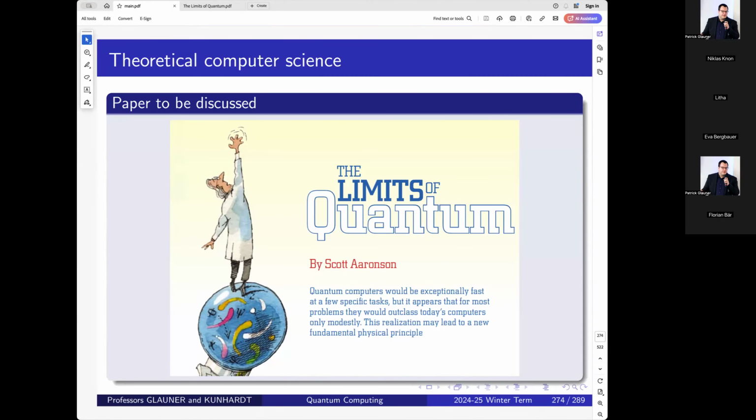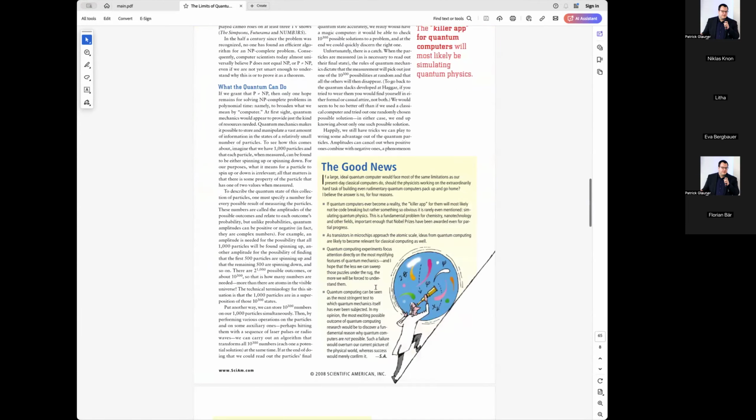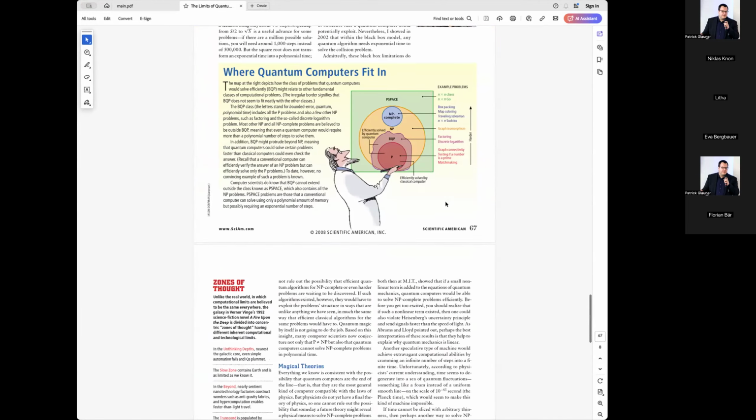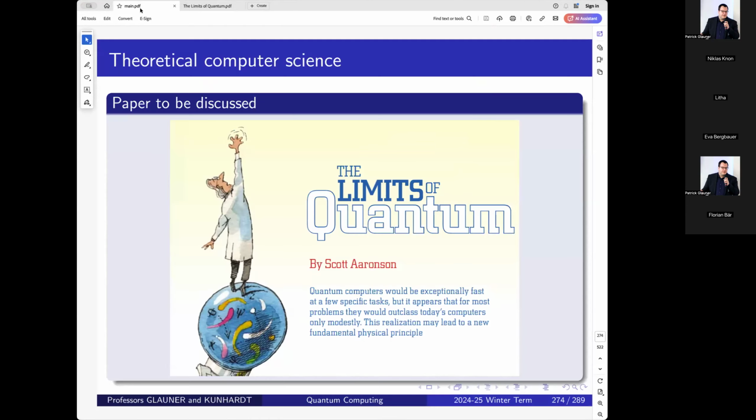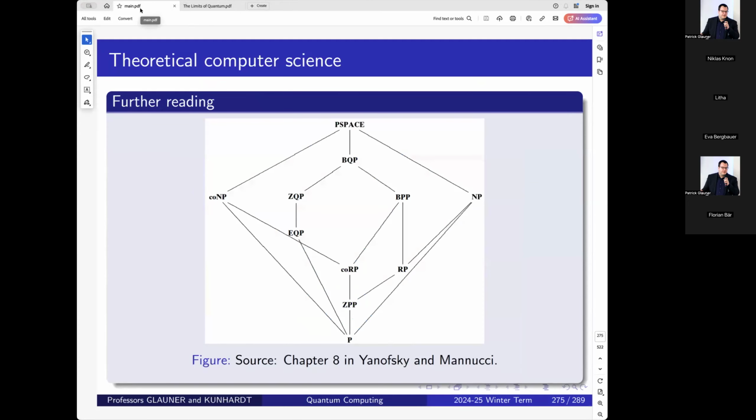There are more classes. So the classes we've looked at, the ones that are most relevant, P, NP, NP complete, and BQP, the ones that could be solved efficiently by a quantum computer. If you take a look in our course book, Quantum Computing for Computer Scientists, Chapter 8 is also devoted to theoretical computer science.